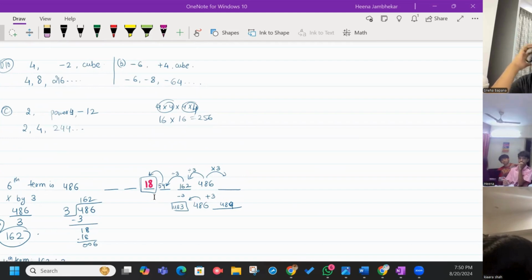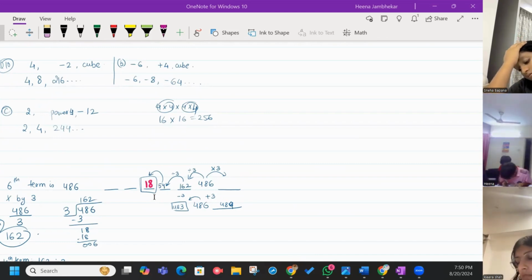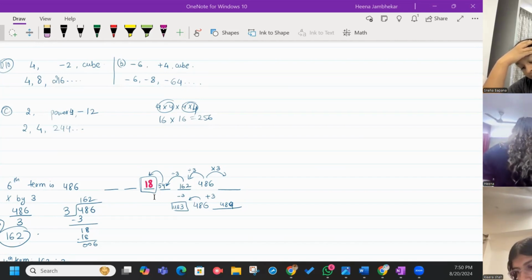Chalo, write the next one. Your first term is 2. Then you have to power 4. Power 4 and subtract 12.